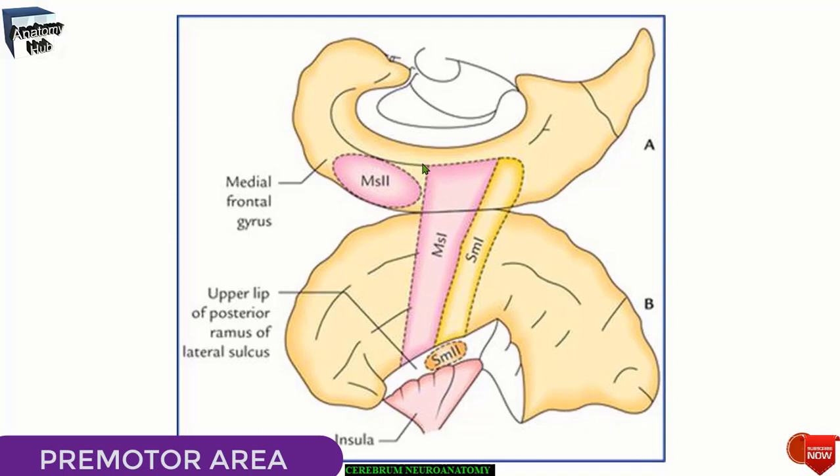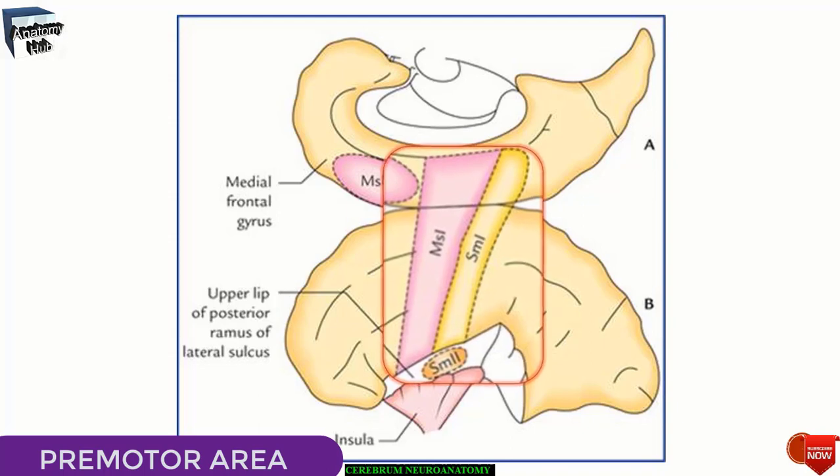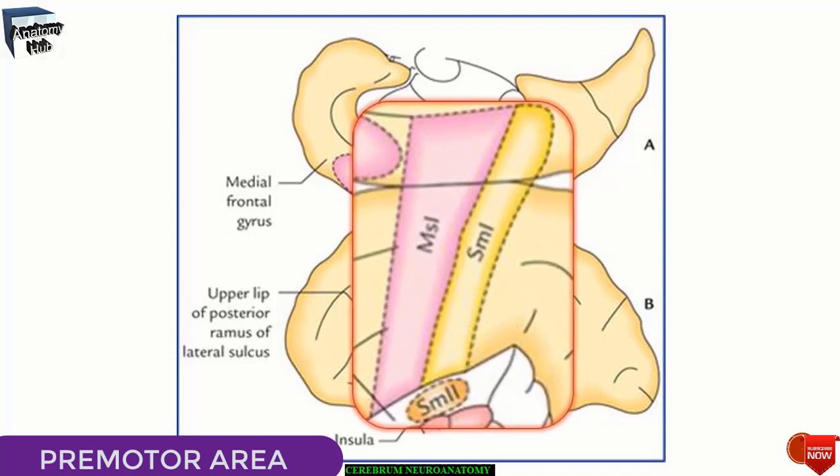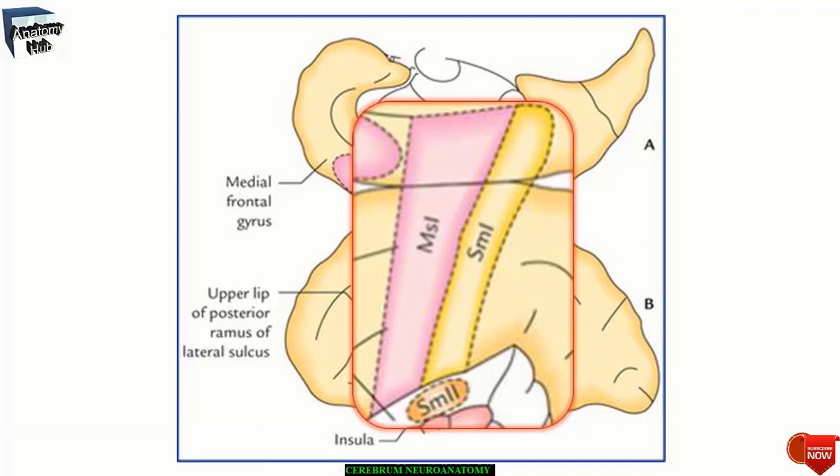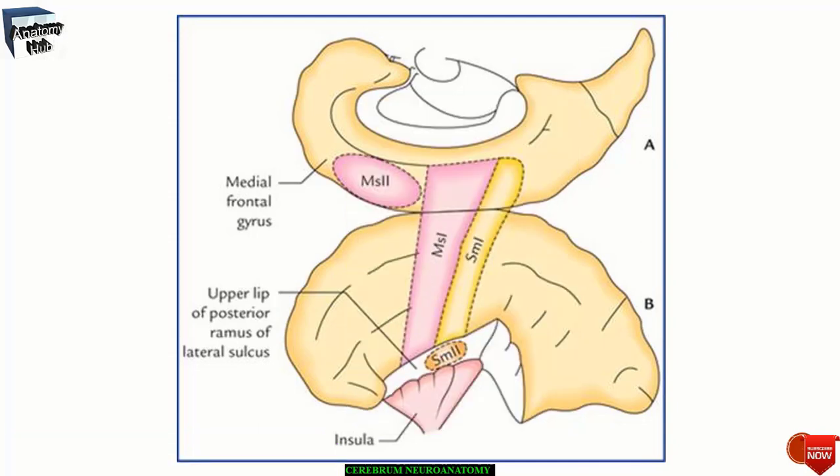Okay, so the primary motor area, marked here as MS1, and the supplementary motor area, which is located on the medial frontal gyrus on the medial surface of your cerebral cortex, that you can observe over here.